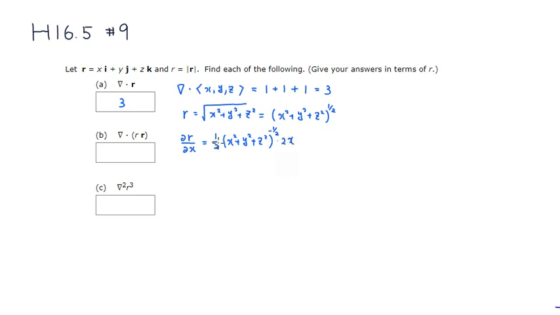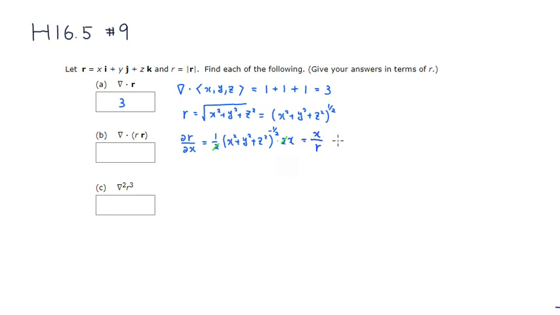You can cancel the 2 on the bottom and the 2 on top, and you end up with x on top. The negative power puts the quantity on the bottom, but x squared plus y squared plus z squared to the 1/2 power is simply r. So you end up getting x over r.